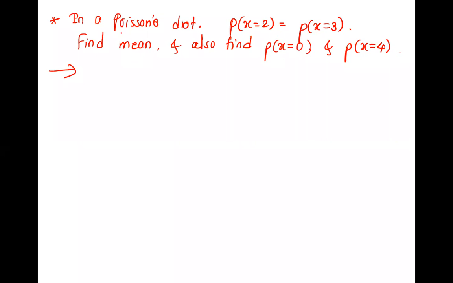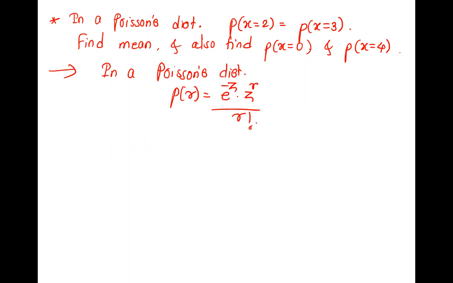What do you have to find? Mean is what in Poisson's? Z, right? You have to find Z. So in a Poisson distribution, first we have a formula. Probability of R is e raised to minus Z, Z raised to R upon R factorial.